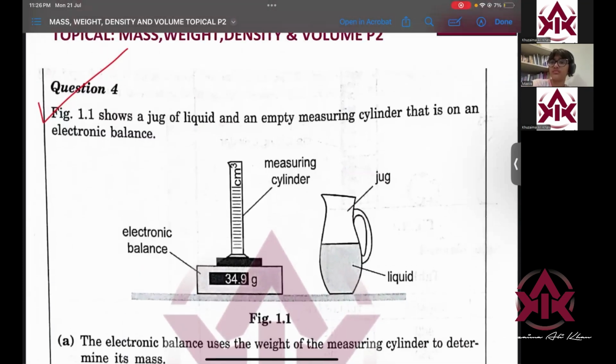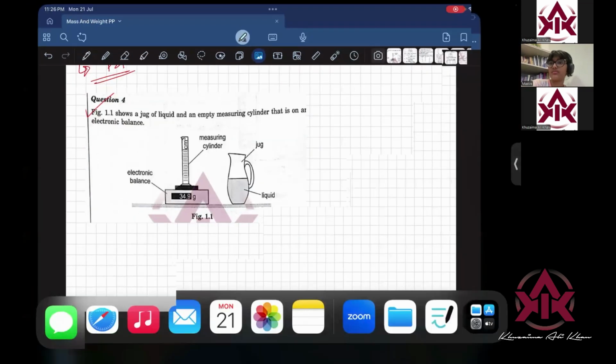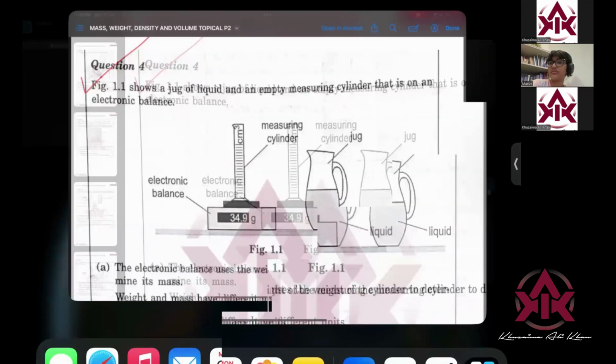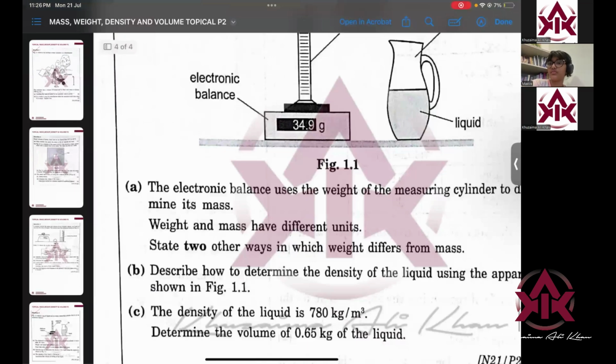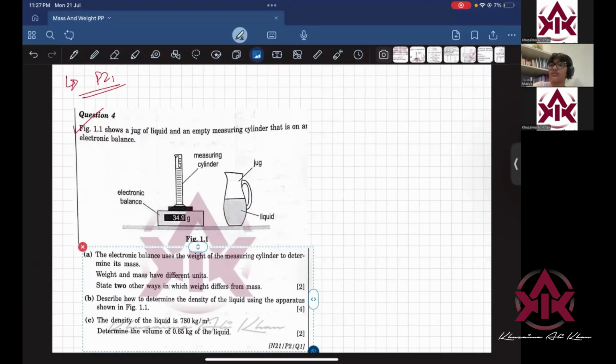So let me just copy the scenario of the question. Alright, so you have this setup given to you in the question. Figure 1.1 shows a jug of liquid and an empty measuring cylinder that is on an electronic balance.